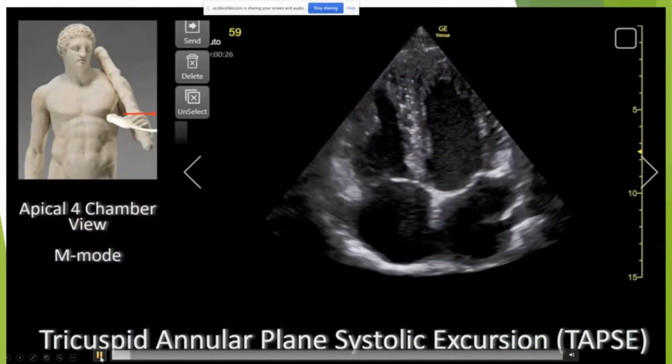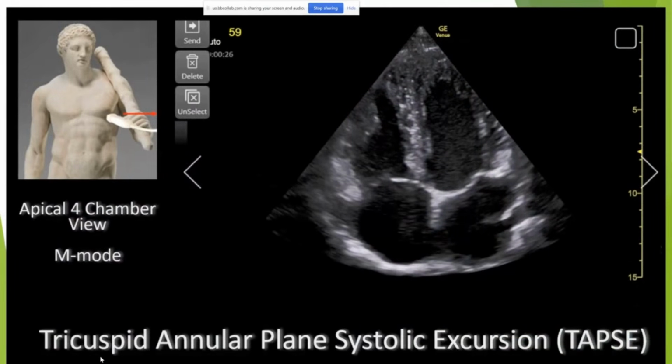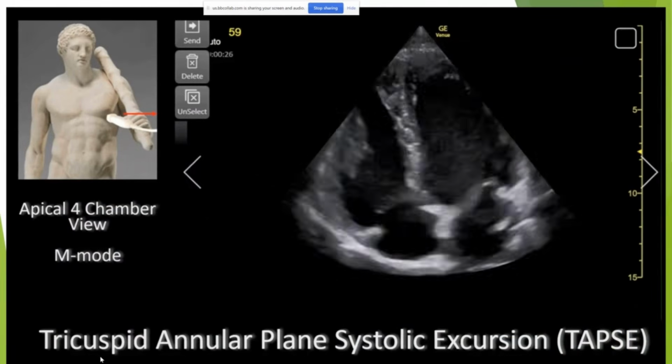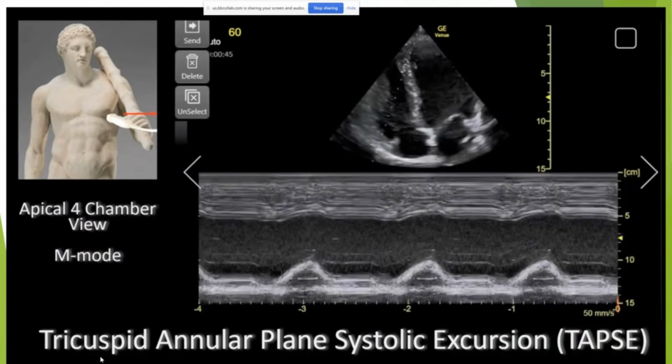Let's talk about how you get TAPSE measurements. First, you will need a good apical 4-chamber view, and then you select M mode on your echo. You place the M mode cursor through the tricuspid annulus, which is right here. So the M mode cursor would come just like that.